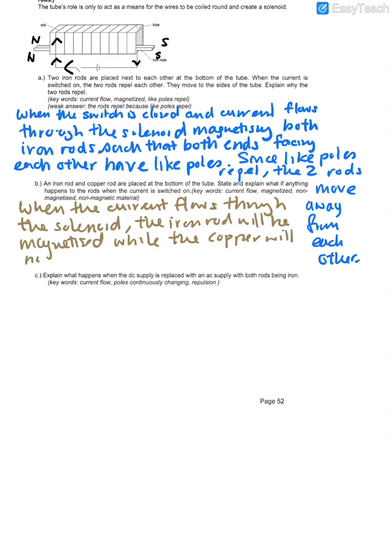Why? What's the reason? As copper is non-magnetic. So again, you use the correct word. Non-magnetic is not the same as unmagnetized material. The copper rod will not, as it is a non-magnetic material.